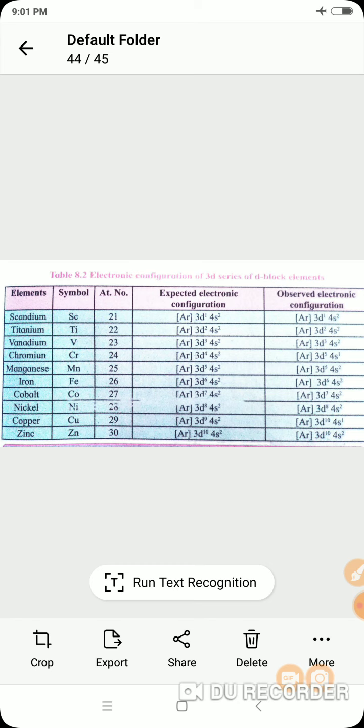Chromium shows exceptional behavior, and the reason is stability. Then manganese 3d5, 4s2, iron 3d6, 4s2, cobalt 3d7, 4s2, nickel 3d8, 4s2, then copper 3d10, 4s1. Copper also shows exceptional behavior because of this extra stability. The last element is zinc, with configuration 3d10, 4s2.